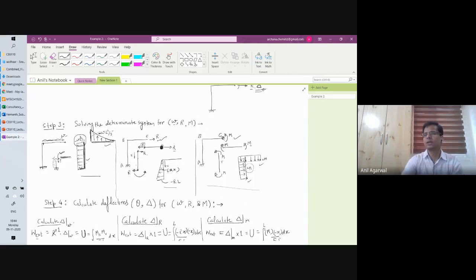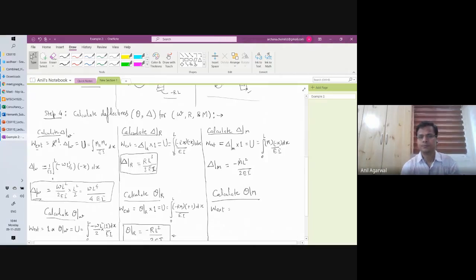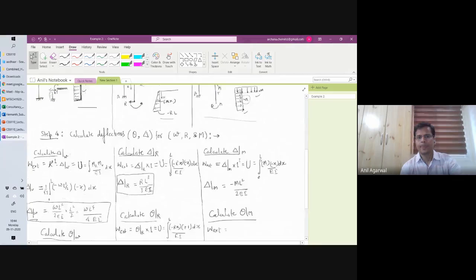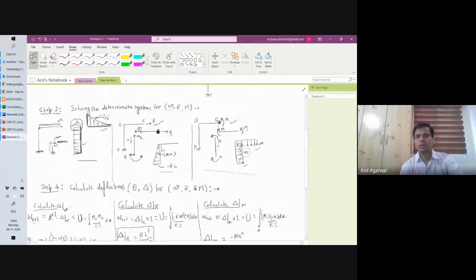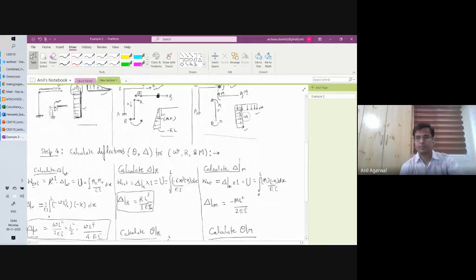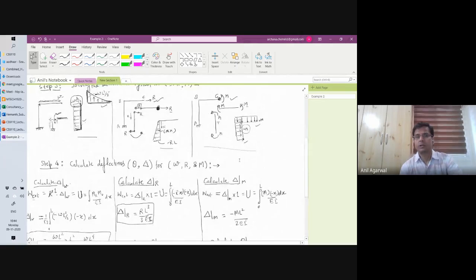Ideally I should divide by 2, but again I'm just going to skip that detail. If I'm going with the virtual load method, then I don't have to.